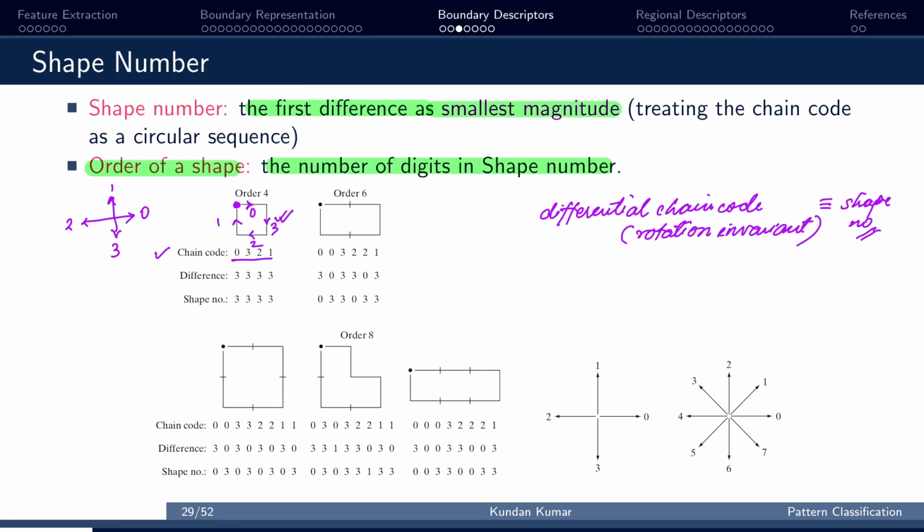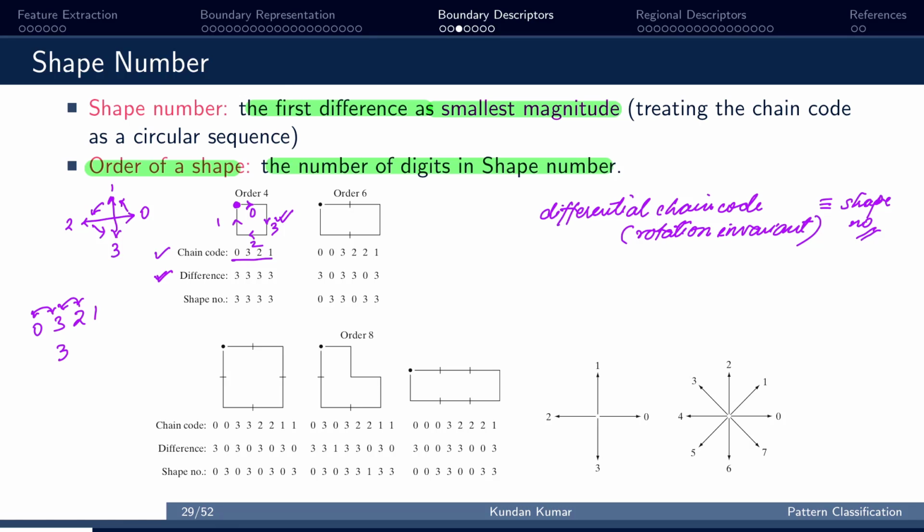So here we have the chain code 0, 3, 2, 1. And we can compute the first difference by taking the difference. So we have the numbers 0, 3, 2, 1, and we have to compute the first difference between these digits. So we have to traverse from 0 to 3 in the anti-clockwise direction. So here 1 step, 2 steps, and then 3 steps. So it will be 3.